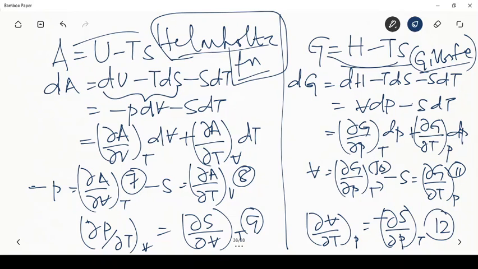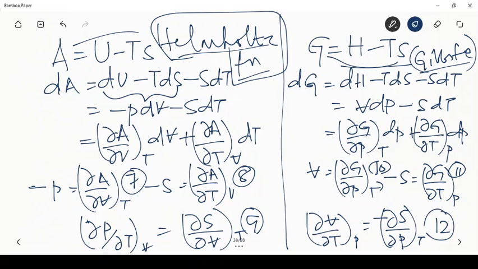So from each equation we are able to derive one definition of the individual variables P, V, S and T: pressure, volume, entropy and temperature. So in terms of P, V, S, T, we get the definitions of P, V, S and T in different forms in terms of the derivatives of these energy functions.